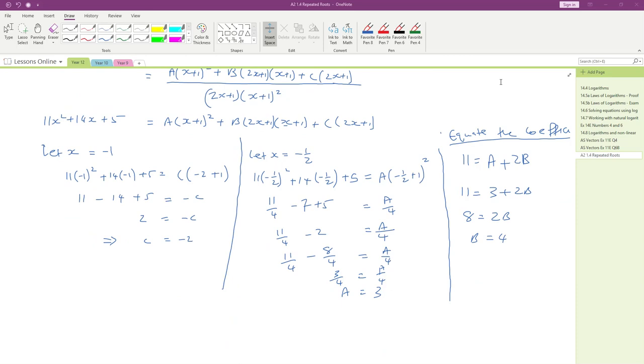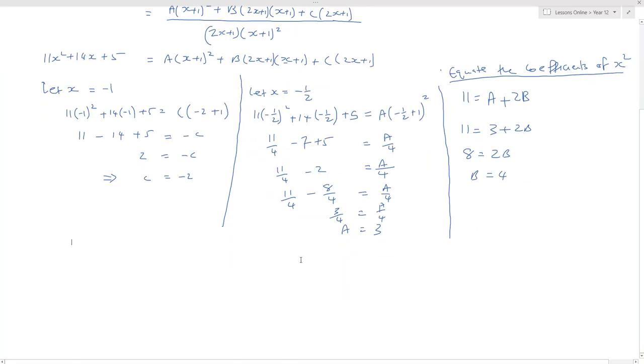So I can finish it off by writing this in the original equation. So on the left hand side we had 11x squared plus 14x plus 5 all divided by 2x plus 1 times x plus 1 squared.